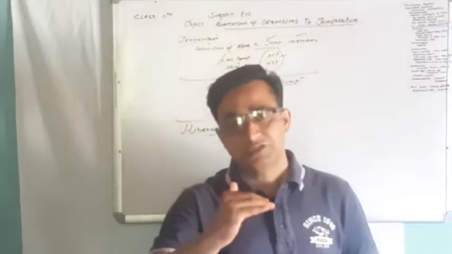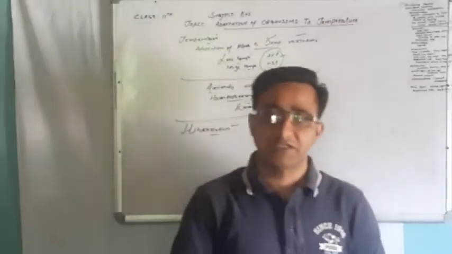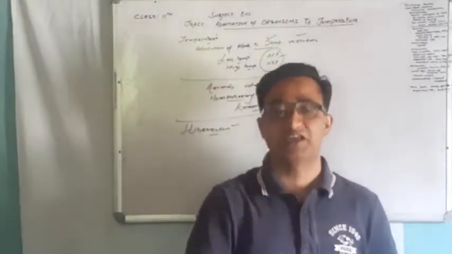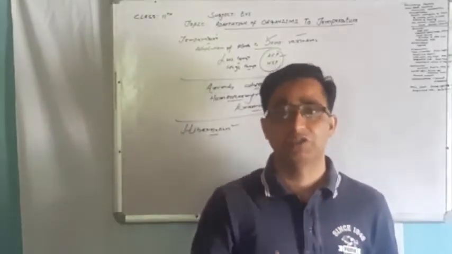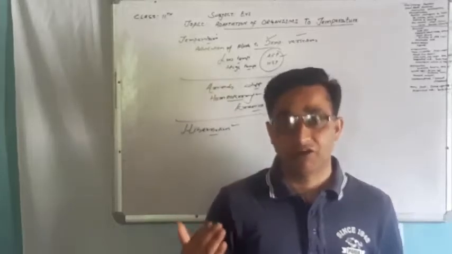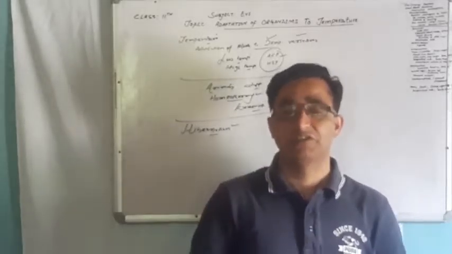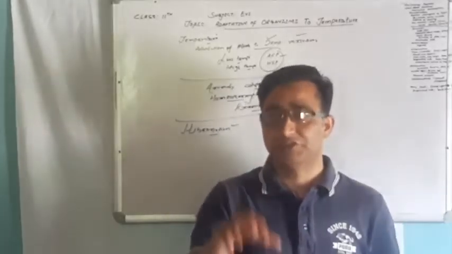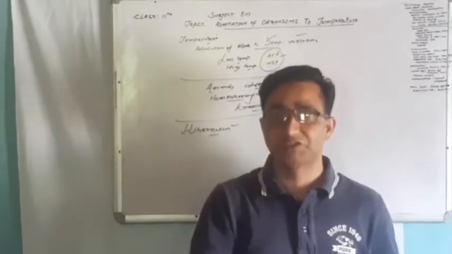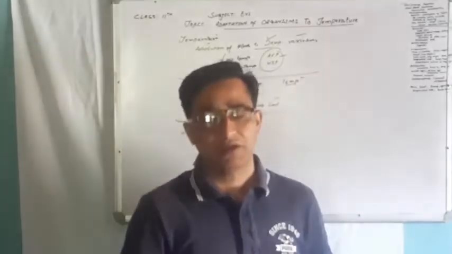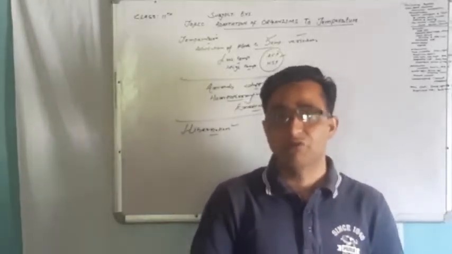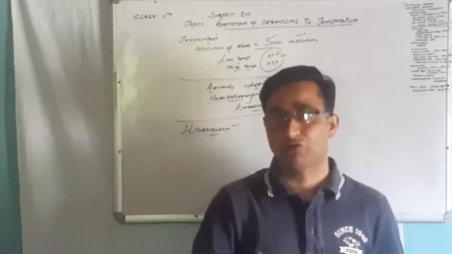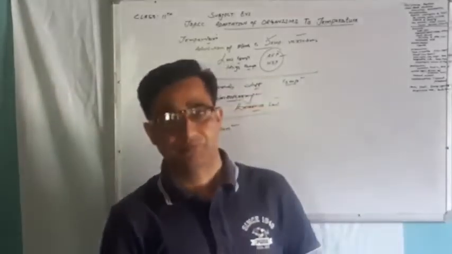So this hibernation, basically it is periodic and it is seasonal. It is shown usually in the harsh winters when the temperature is very low, when there is a freezing temperature. During these periods the animals undergo this hibernation, which is also called the winter sleep.